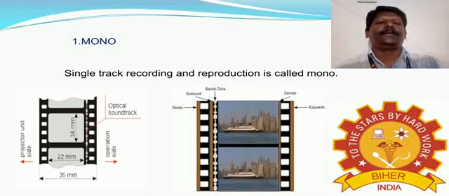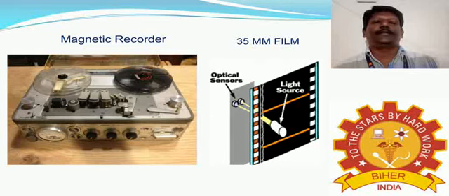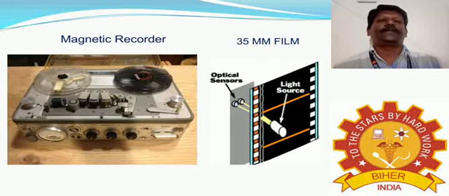This single track information can be recorded on 35 mm film between the frame and sprocket holes. We can also record the single track on a magnetic recorder. It's a 1/4-inch magnetic tape recorder.